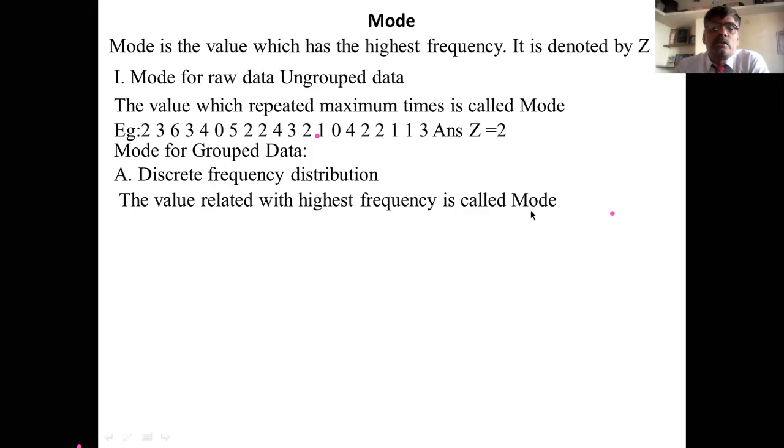You have to observe the frequency column. In the frequency column, the highest frequency and the value related to that frequency is called the mode.